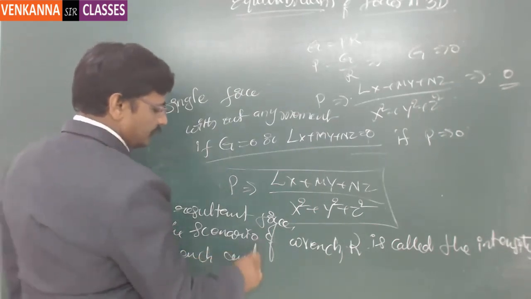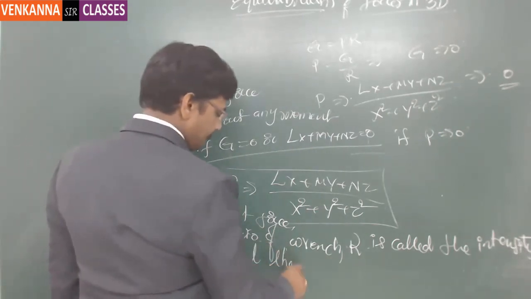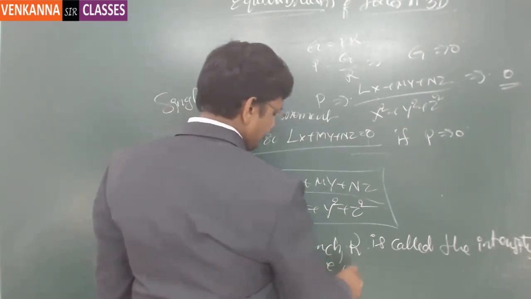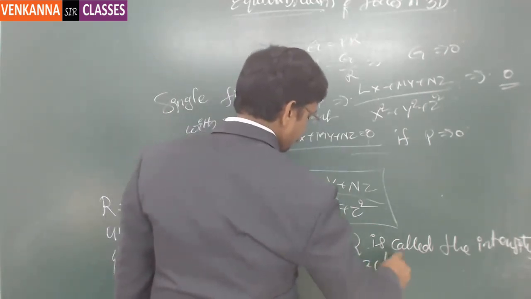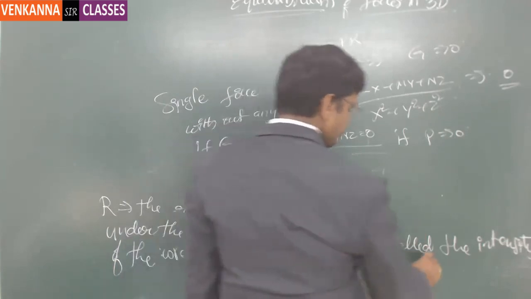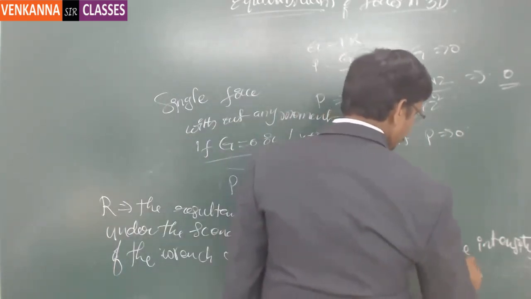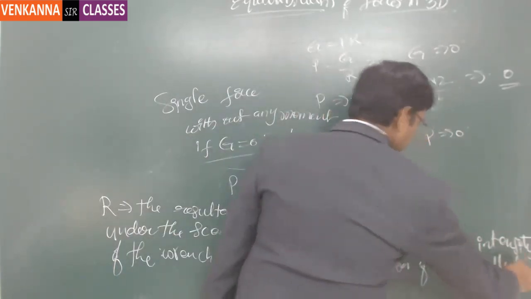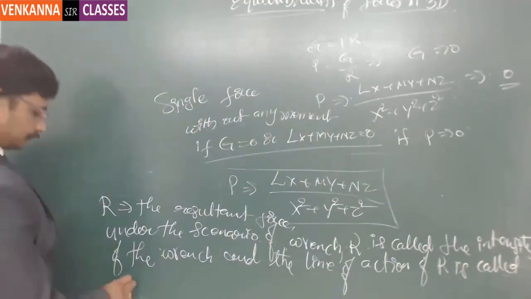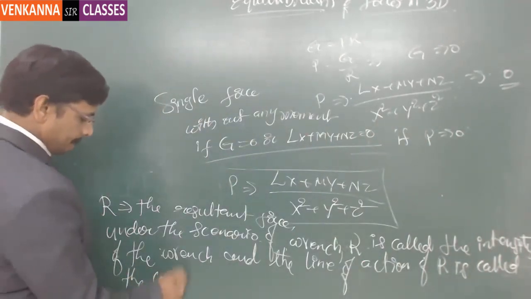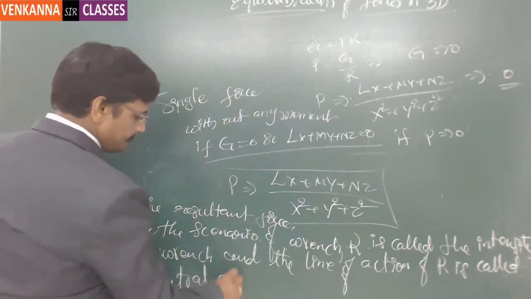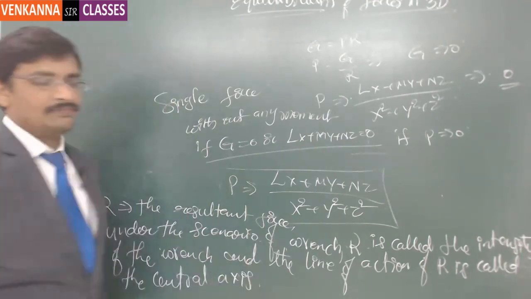And the line of action of R is called the central axis. This is called the central axis.